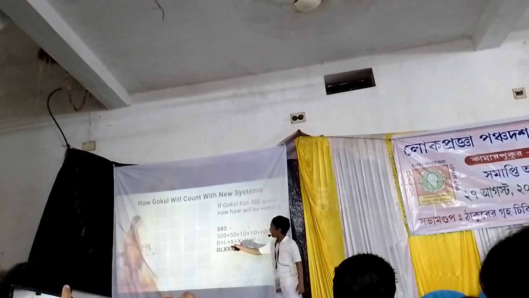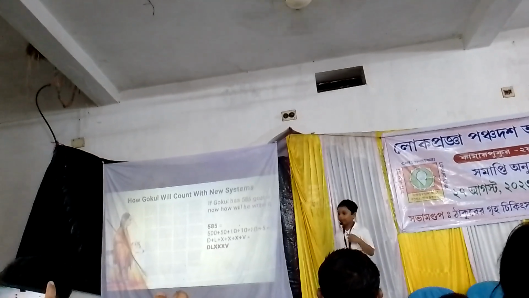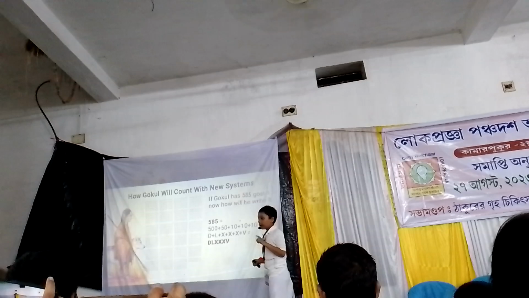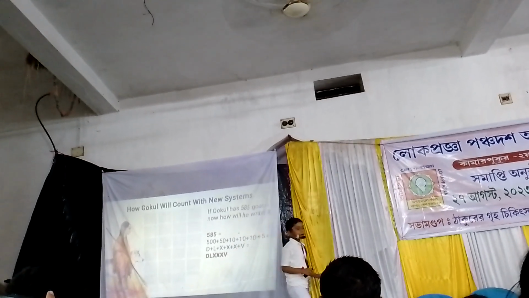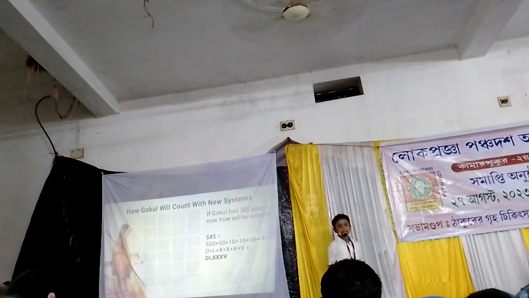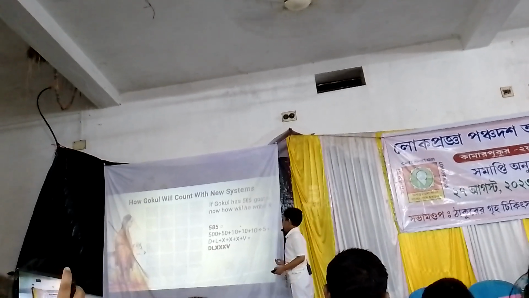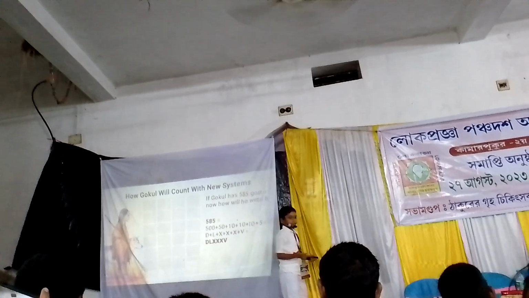If Gokul has 585 goats, how will he write it? 585 is equal to 500 plus 50 plus 10 plus 10 plus 10 plus 5, which is equal to D plus L plus X plus X plus X plus V, which is DLXXXV.